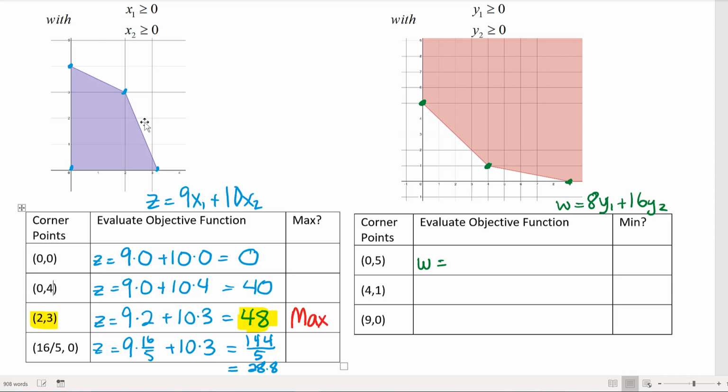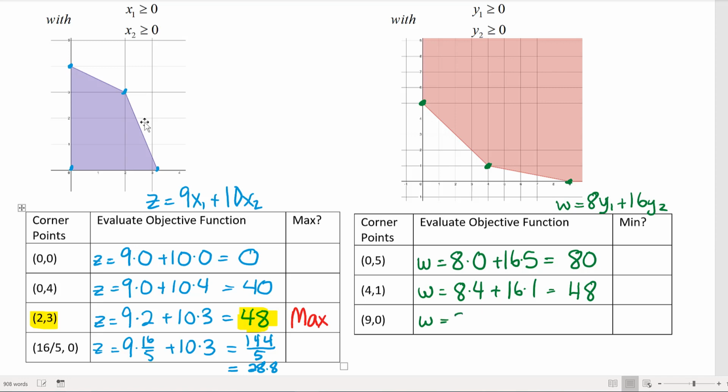So I have w equals 8 times 0 plus 16 times 5. That gets me 80. The next one is 8 times 4 plus 16 times 1. That's 32 plus 16, which is 48.